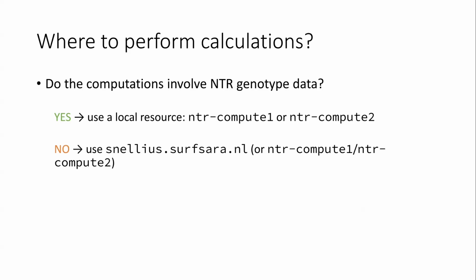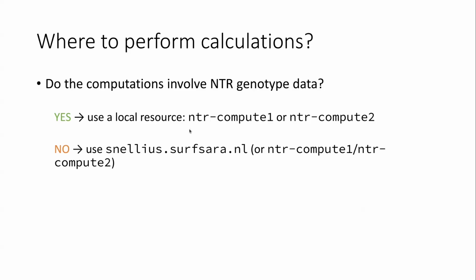This is highly sensitive data because it's very identifiable, right? If you know the DNA of a person, you can almost identify people on postcode or street level. So it's that sensitive. So we at our department have our own resources, secured compute servers over here.